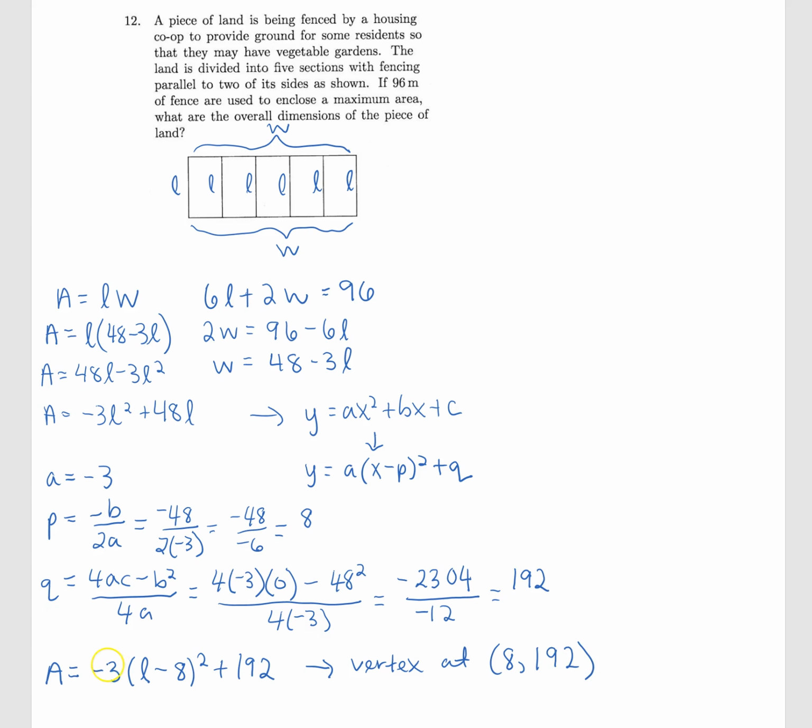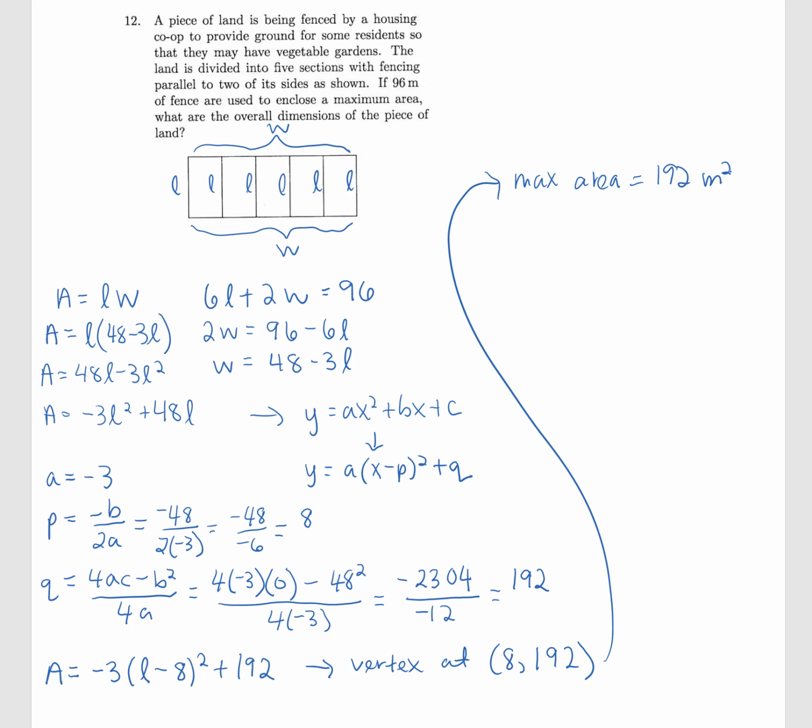And since our a is negative, we know that this quadratic function is opening downwards, and so this vertex is a maximum. And since y in this case corresponds to our area, 192 is our maximum area that we have. So we know from this vertex that our max area equals 192 meters squared.